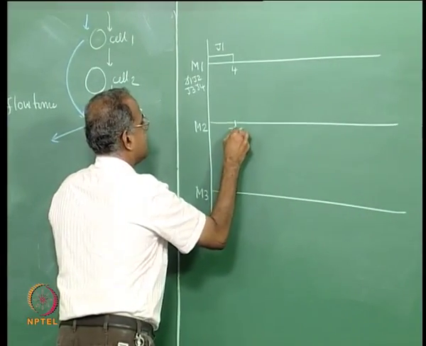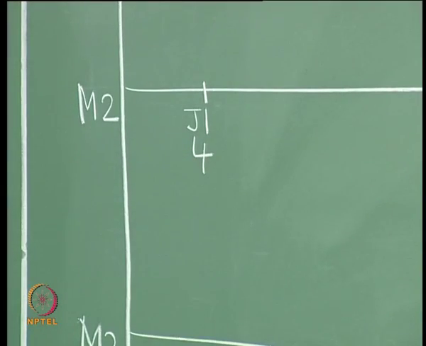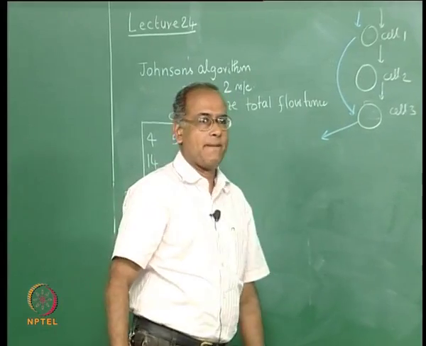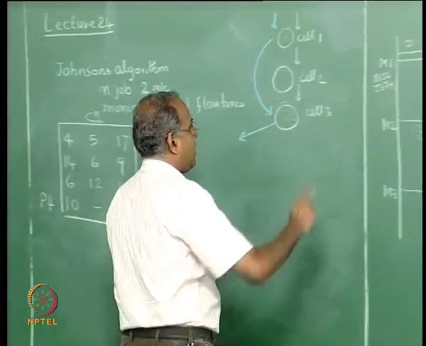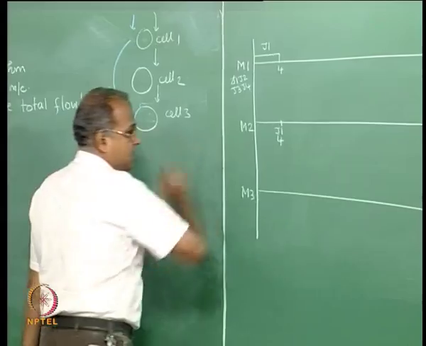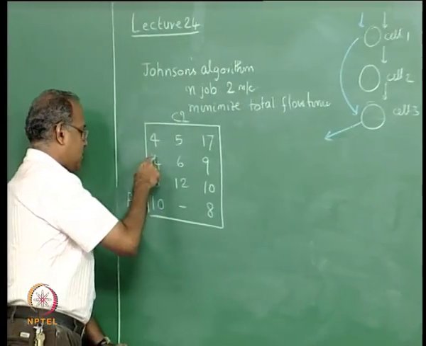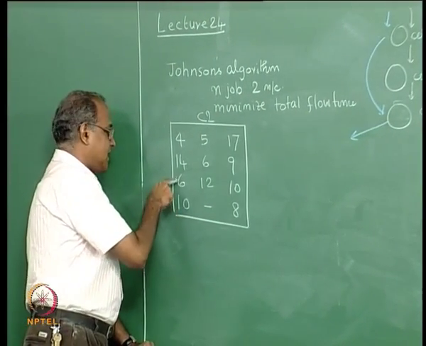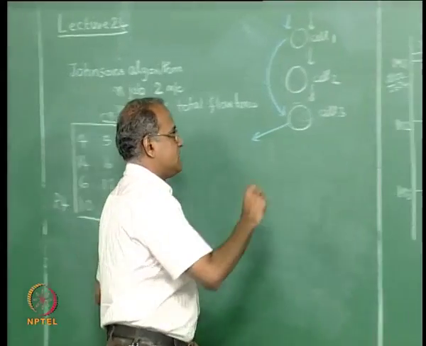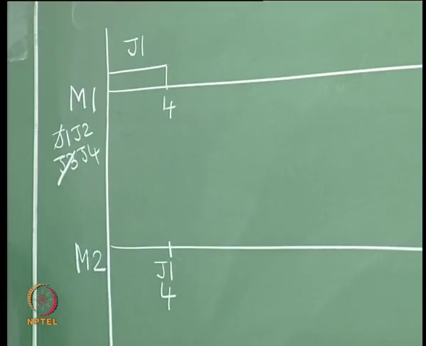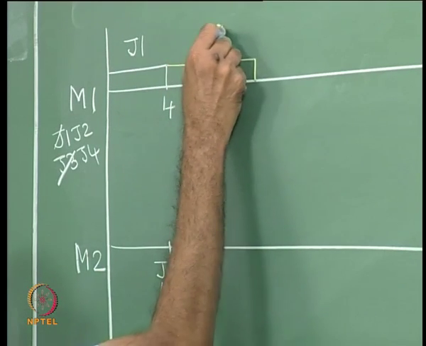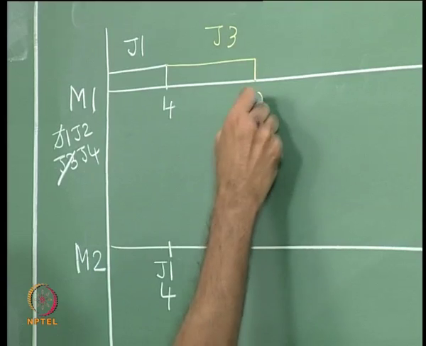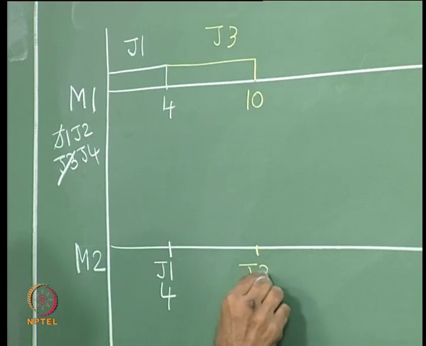So, at time equal to 4 on M1 we have J2, J3 and J4. J3 goes next. So, J3 finishes at 10 and J3 will come here at 10.